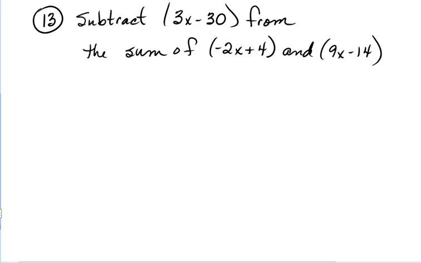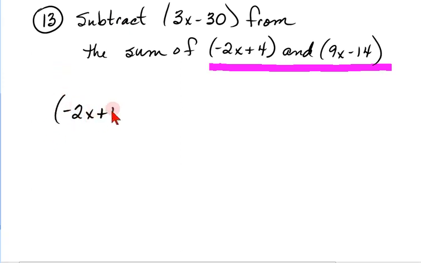Switch it. All right, you switch from the way it's written. It says subtract, but I don't do that first because it says subtract from, which is a reversing phrase. So I need to put down -2x plus 4 plus 9x minus 14.